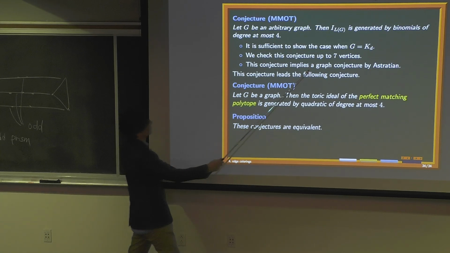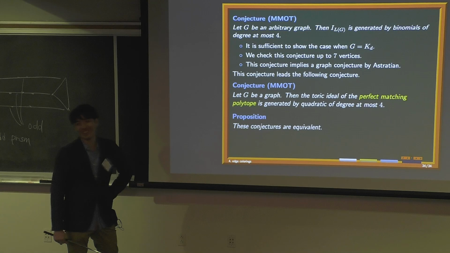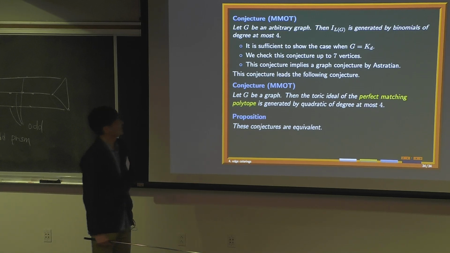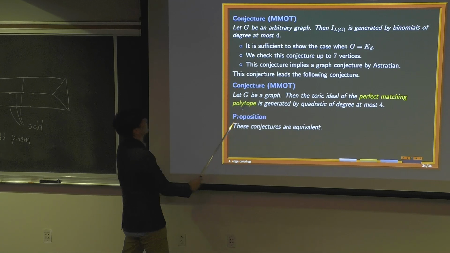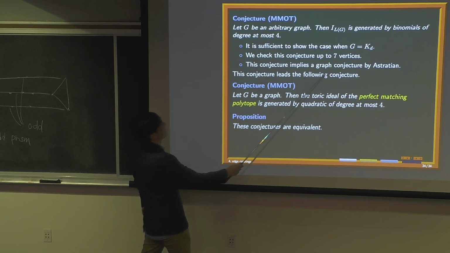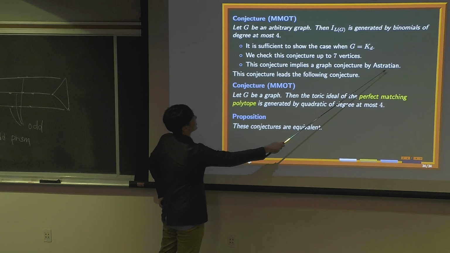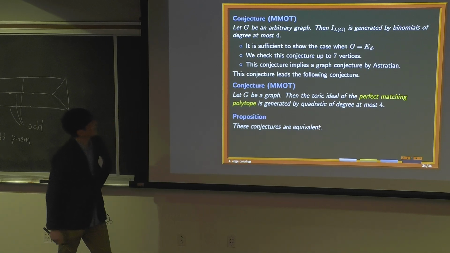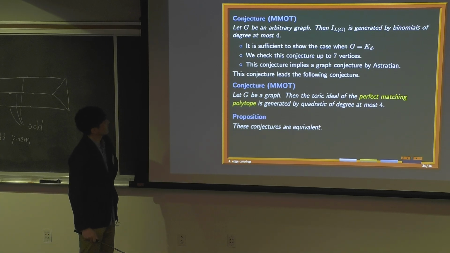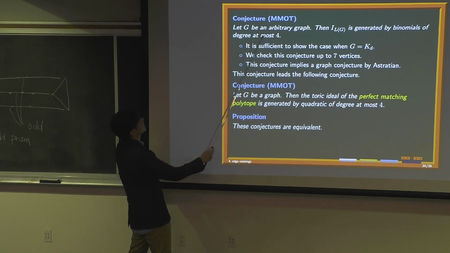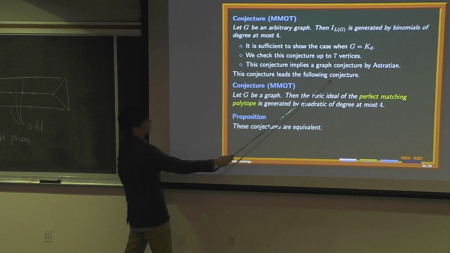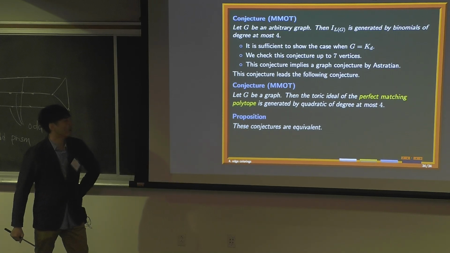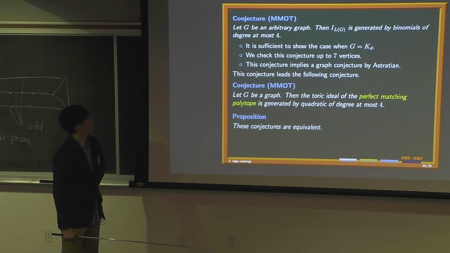For 8 vertices, I think it is impossible to compute. Why do we consider this conjecture? Because this conjecture comes from a conjecture by an astronomer. Namely, if we can show this conjecture, we can get some graph theory result.